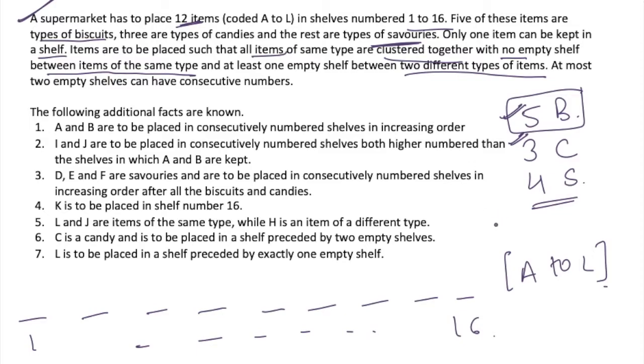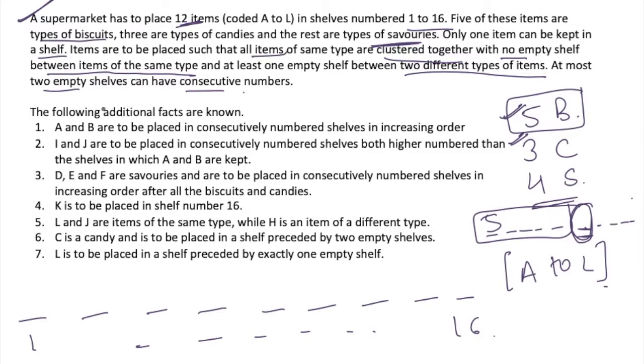So if I place 5 biscuits and then 5 candies after the biscuits, there must be at least one empty shelf in between. Next, at most two empty shelves can have consecutive numbers, so there cannot be more than two empty shelves.